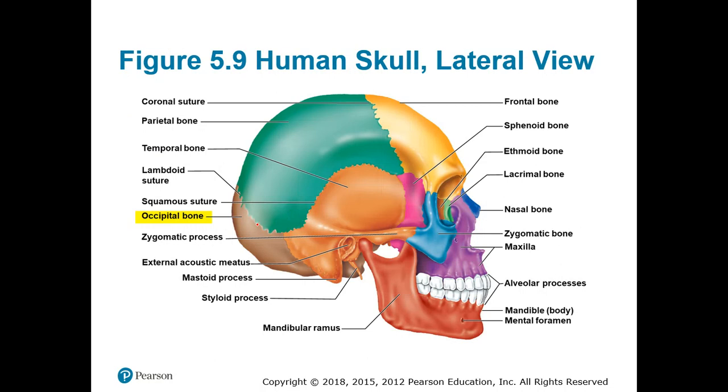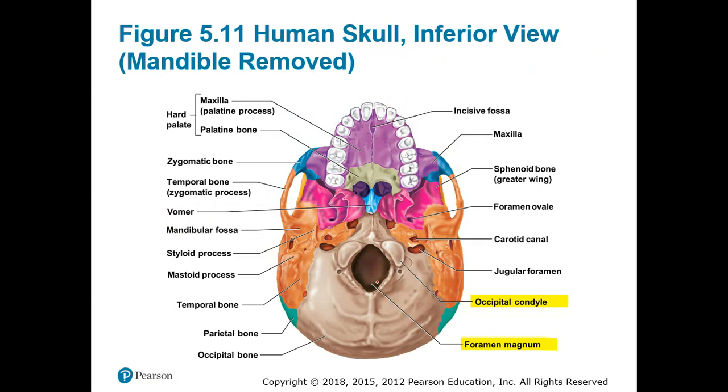Here is a lateral view. We have the occipital bone right here in the very back. If we look at it from underneath, this shows both the foramen magnum, that hole where your spinal cord is going to go through, and then our occipital condyles, which are our projections, and this sits on the first bones of our backbone.